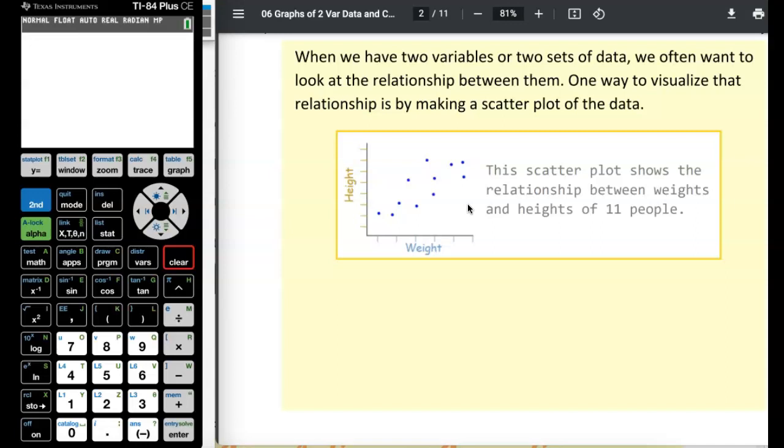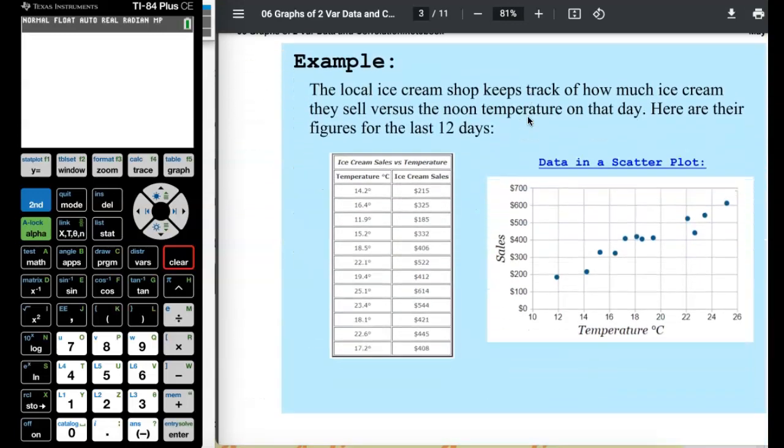And if they get a 4 on the AP exam, they probably should have about an A- in the class. Obviously, that's not always the case. You'll have a student that has a C in class and they get a 5 on the exam, or even vice versa, but there's a correlation between their AP exam score and their grade in class. There's lots of this kind of data out there, and we're going to be looking at this as well as how to make a scatter plot on the calculator itself.